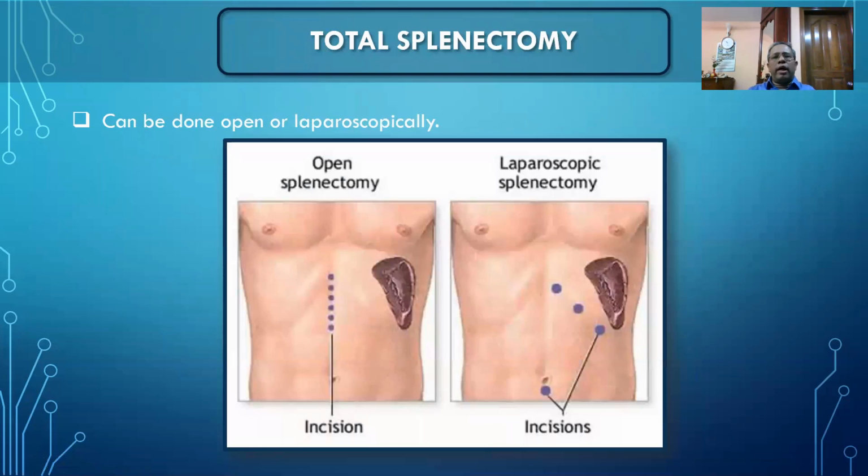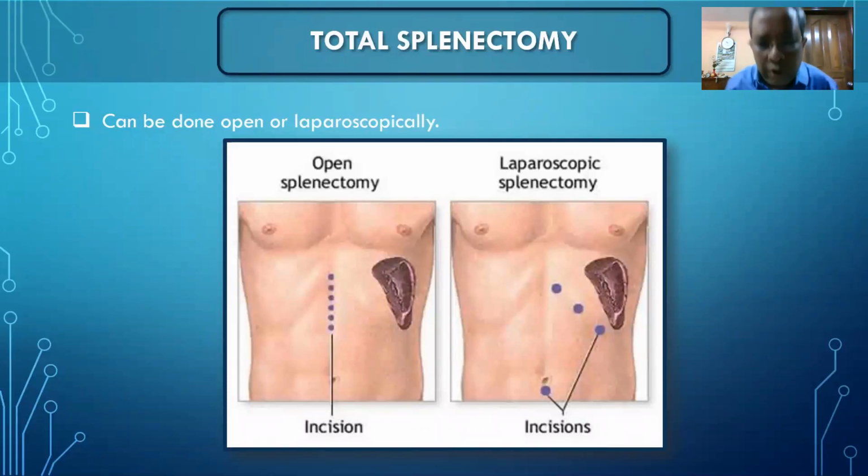Splenectomy can be done open or laparoscopically. In case of ruptured spleen, usually we go for open splenectomy. Other than ruptured spleen, if the splenic size is not markedly enlarged, we go for laparoscopic splenectomy.